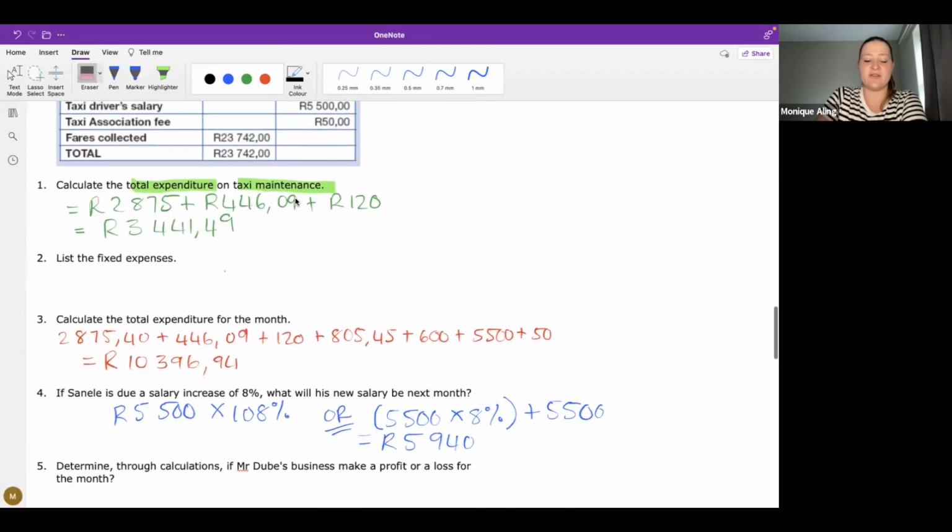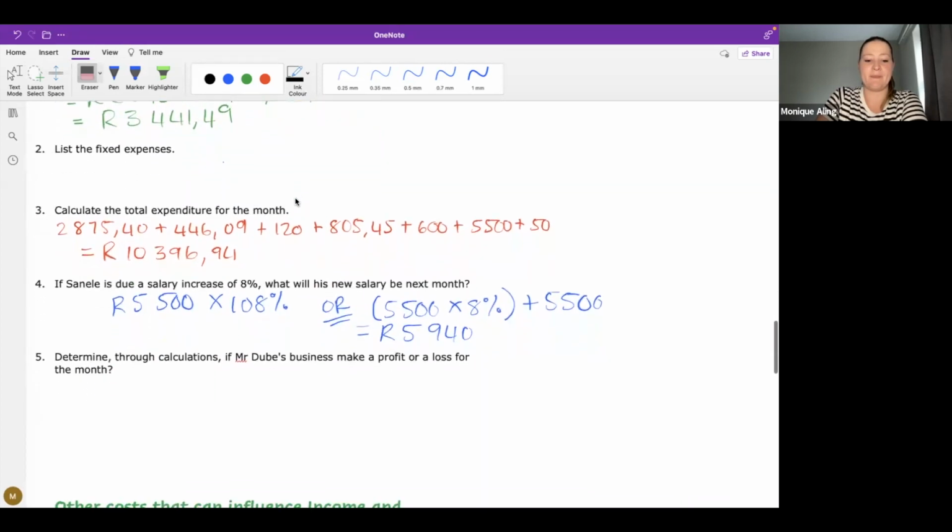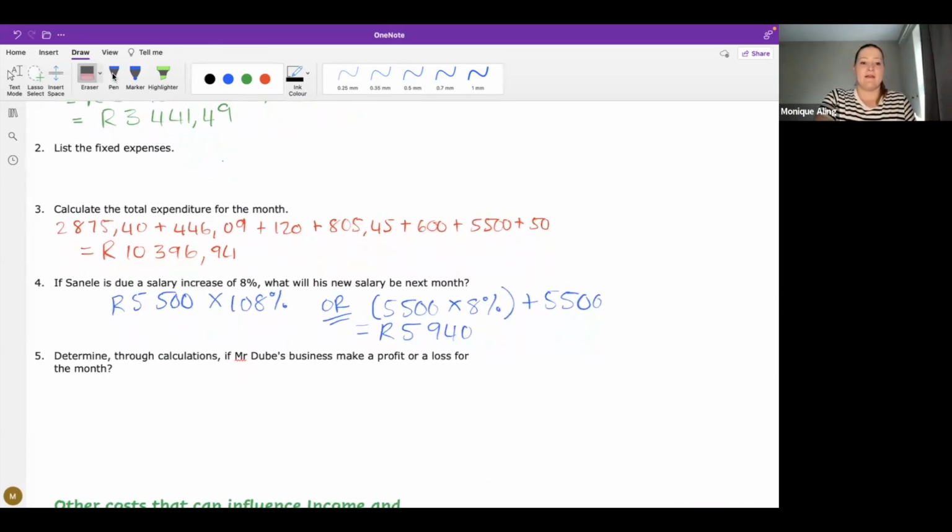Okay, so let's go through this quickly. They asked us to work out if a profit or loss has been made. So remember, I gave you a formula or two formulas, but because in this scenario, we spoke about incomes and expenses only, we will use the income minus expenses formula. Okay, so you must just know that that's the formula and when to use it.